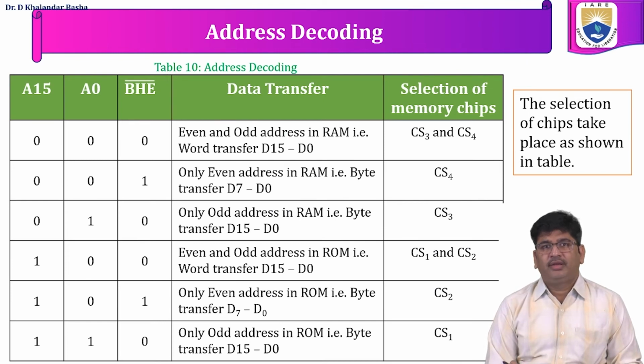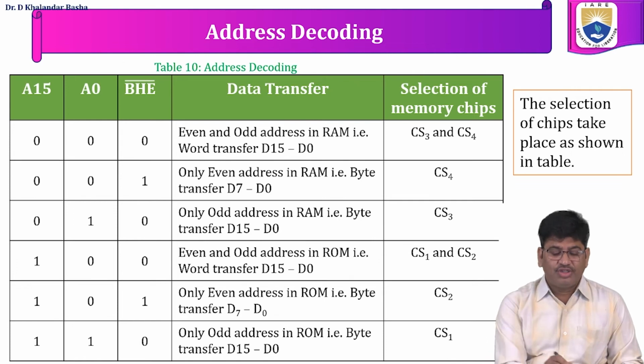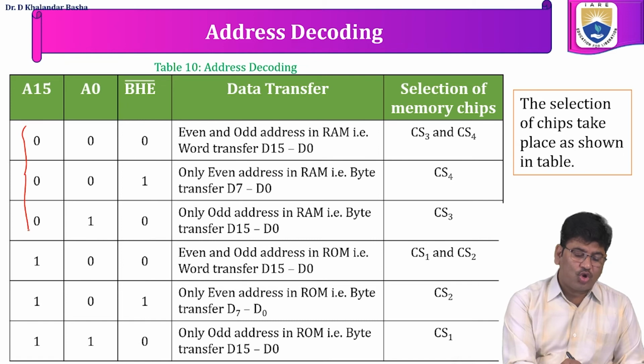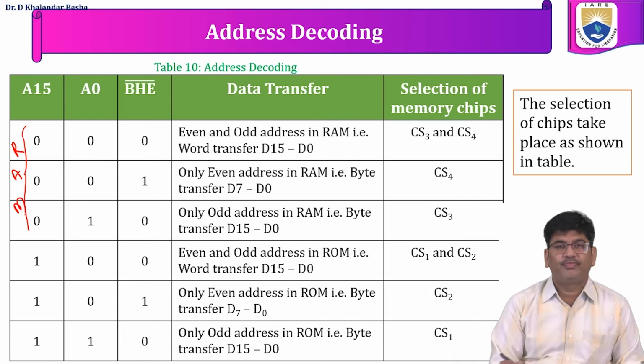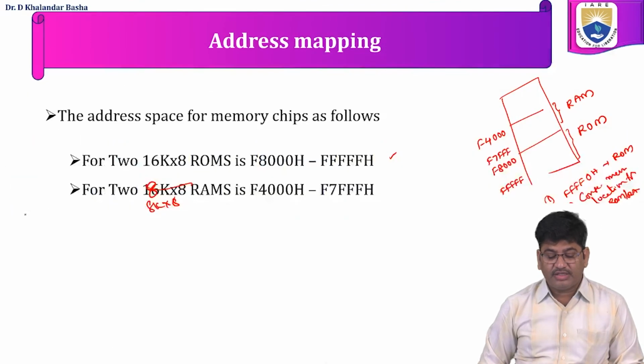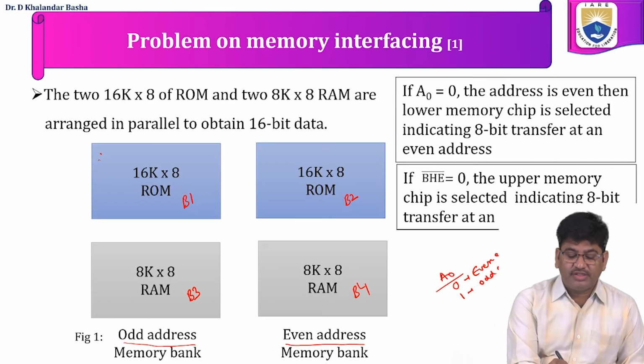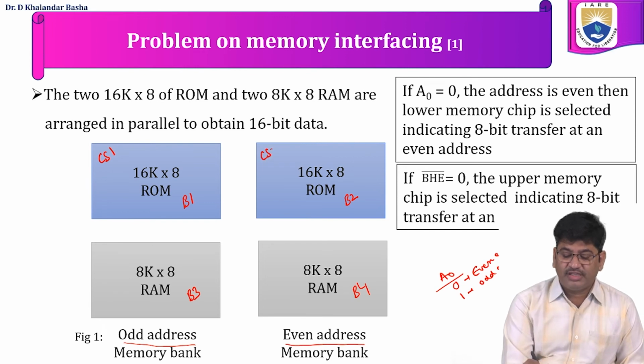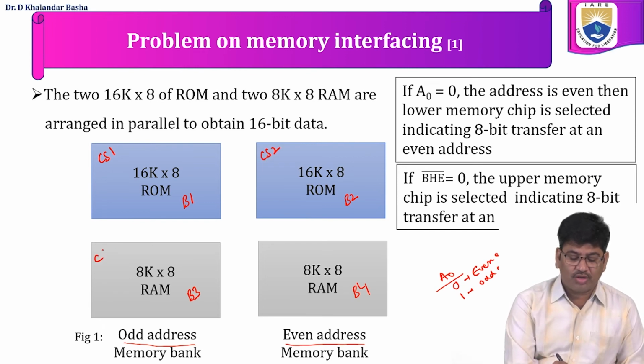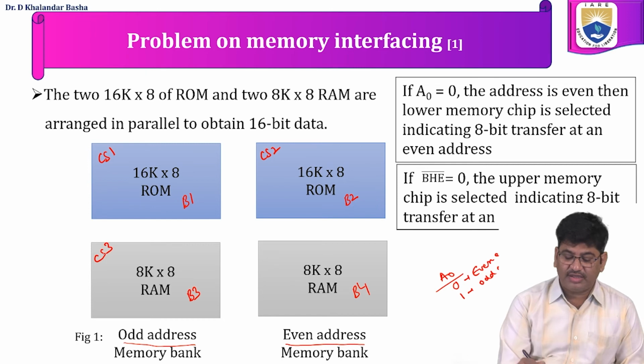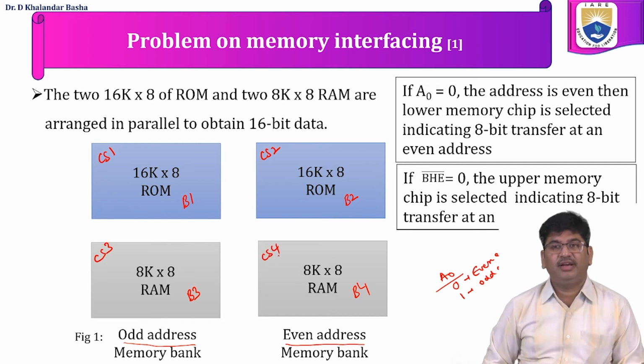Now combining the memory chips which are selected based upon the lines A15, A0, BHE bar, with the 000 combination, when A15 is 0, it indicates we are going to select the RAM blocks, and this enable signal is considered as chip select 1, this is chip select 2, the ROM block B3 as chip select 3 and this one is chip select 4.